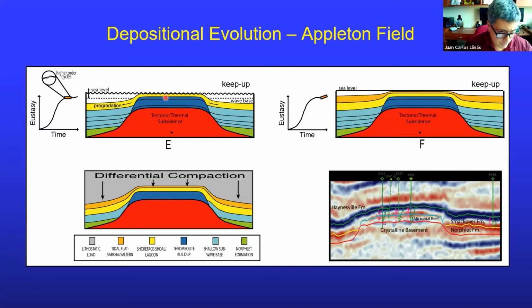Also the higher energy environment, with seawater supersaturated with carbonate particles, will end up producing a lot of sediment that progrades off the structure in every direction. After that, we have the deposition of the tidal flats in the Salina to Buckner. This evaporates. And then, after burial due to differential compaction, we have a geometry similar to what we see here in the seismic.